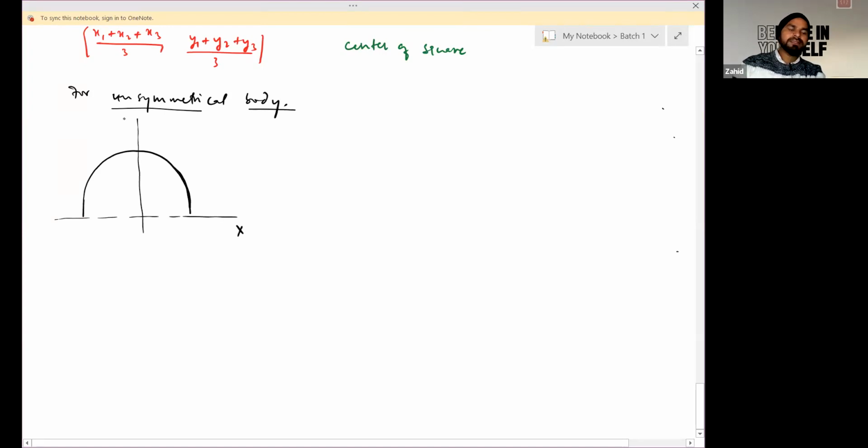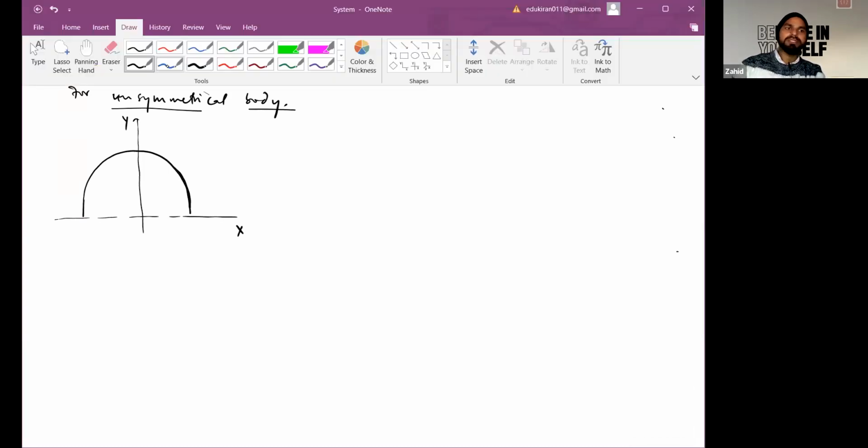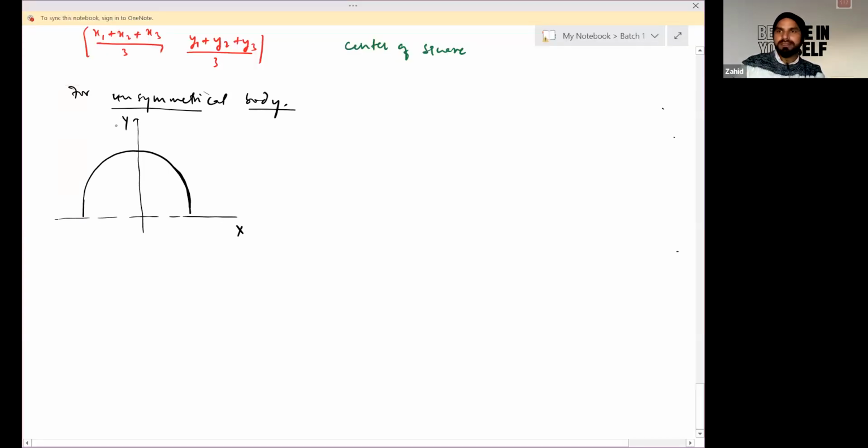This is the x-axis and this is the y-axis. So you will say this body is symmetrical along the y-axis. If a body is symmetrical about the x-axis, its y-coordinate would be at the origin.